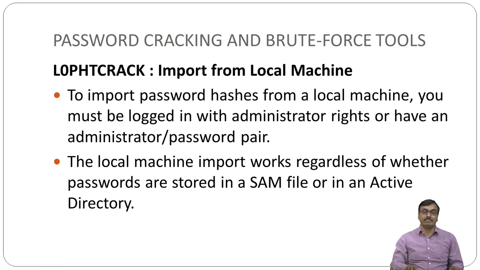So whenever a Windows machine stores any kind of password or system password, it is stored in the SAM file, which is located at C drive, Windows, System32 system folder. And from there the passwords can be obtained for the local machine.